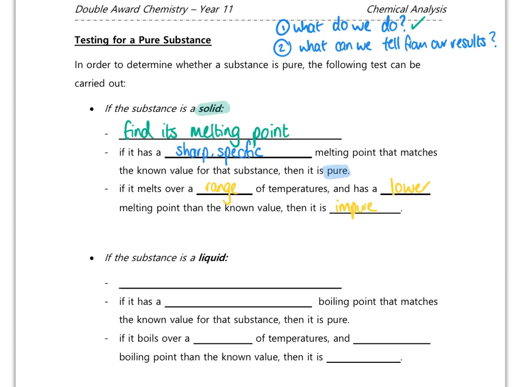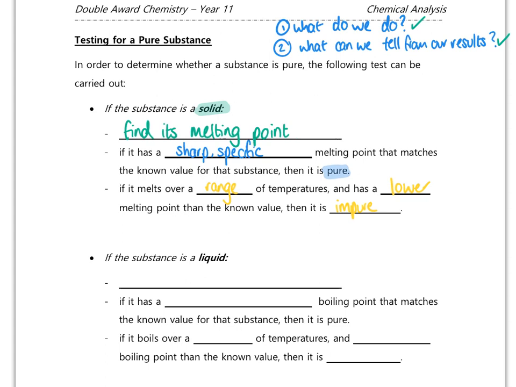If we're determining the purity of a solid substance, the first thing we need to do is find its melting point. The second thing is, what can we tell from our results? If it has a sharp, specific melting point that matches the known value, then it's pure. But if it melts over a range of temperatures and has a lower melting point than the known value, then it is impure.